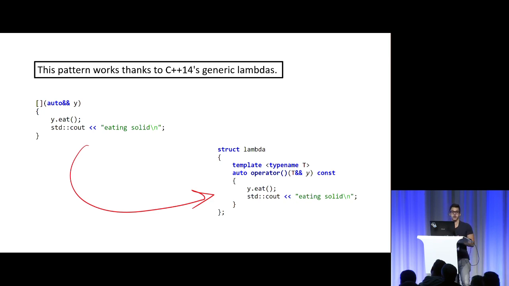This pattern can work thanks to C++14's generic lambdas. In fact, when you write something like this, which is a C++14 generic lambda, the compiler evaluates it to something like this. It's basically syntactical sugar for a local struct that, as an anonymous type, has a templated operator call that, in this case, takes a forwarding reference and then executes the body that you pass in the lambda.